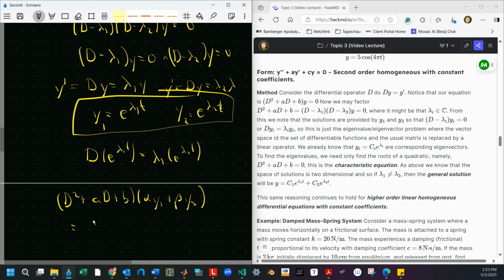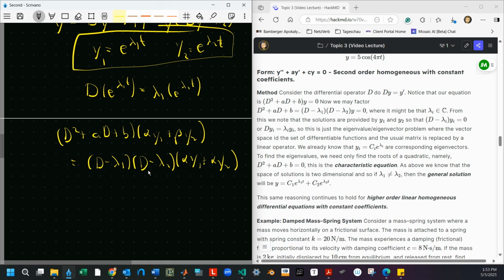Well, this was d minus lambda 1, d minus lambda 2, applied to alpha y1 plus beta y2. When you apply this, it's going to kill off the second one, because I get alpha d y2 minus lambda 2 y2, and that will be 0.